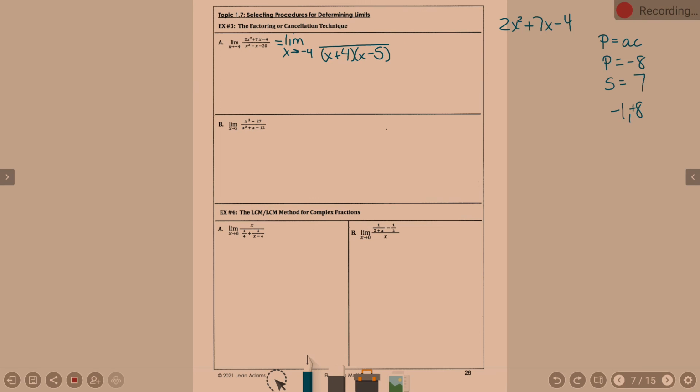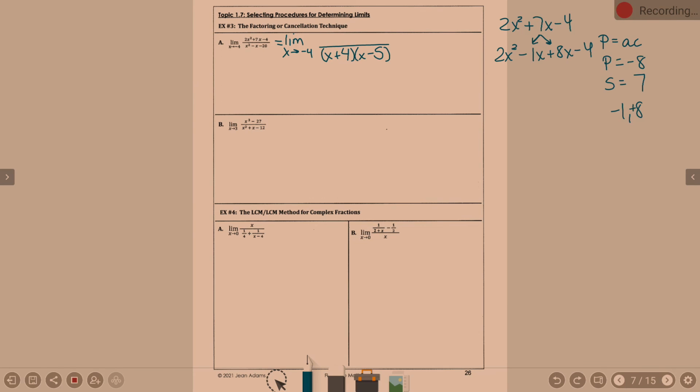I'm going to use that negative 1 and 8, and I'm going to split my middle term. So 2x squared minus 1x plus 8x minus 4. Is this coming back to us? Maybe it already did the other day, but just in case. Split it in half.